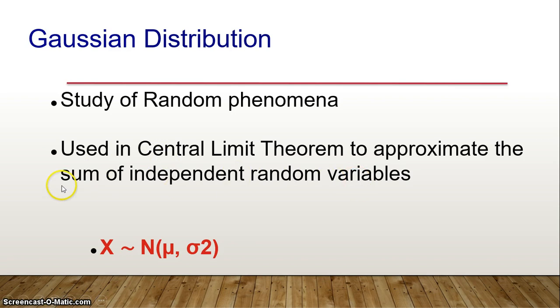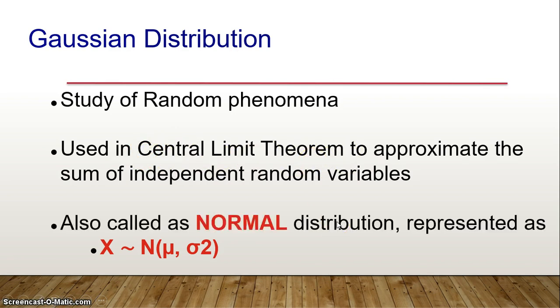If I want to estimate the sum of all independent random variables from 1 to infinity, we use the central limit theorem. We derive an important fact there: the sum of random variables, if each random variable is Gaussian, also approximates to be Gaussian. This is a very important characteristic of Gaussian, called the central limit theorem.